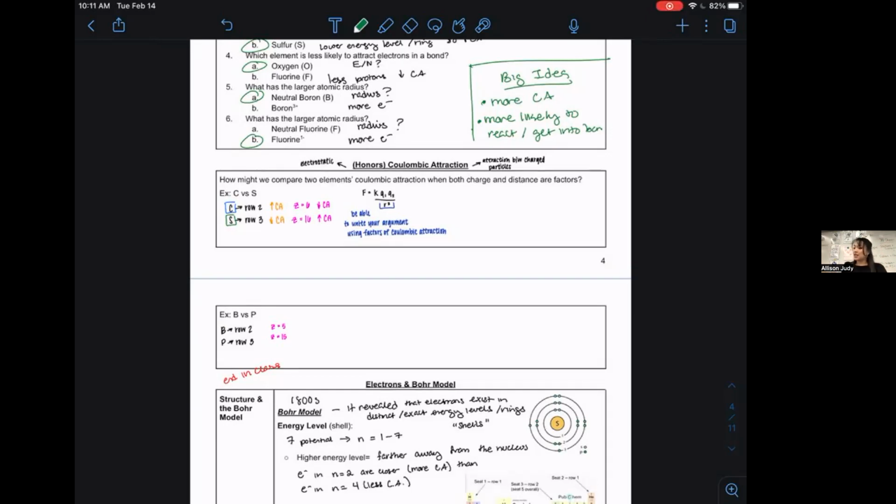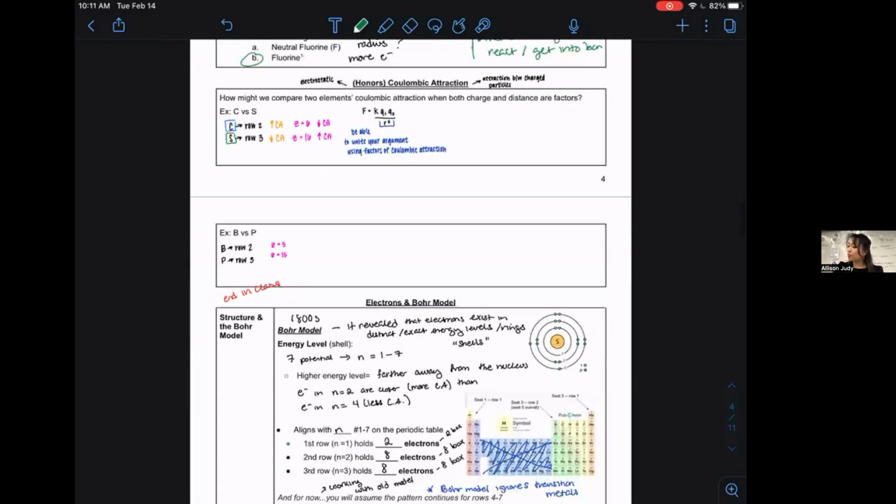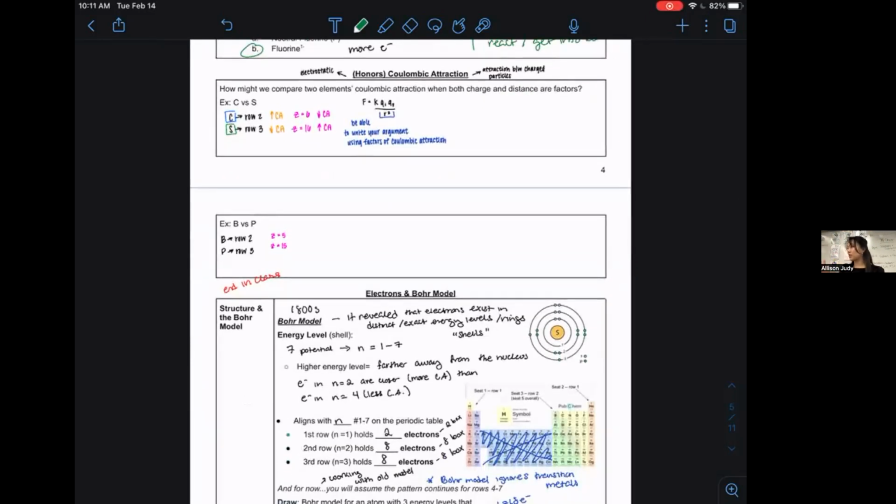So tomorrow's test is a combo of understanding how Coulombic attraction predicts trends, and therefore those trends reveal reactivity, the ability to engage in an exchange with another atom. You're also going to want to know a little bit about your general metals and halogens, their general reactivity. We know there are special columns. And then the Bohr model. That is tomorrow's test.